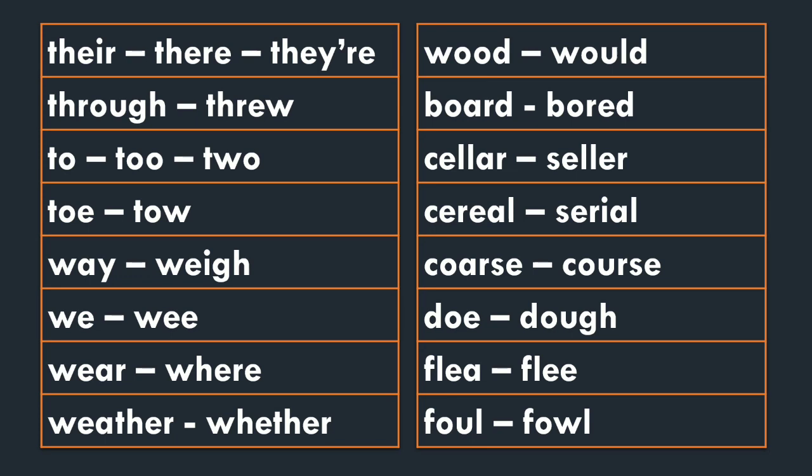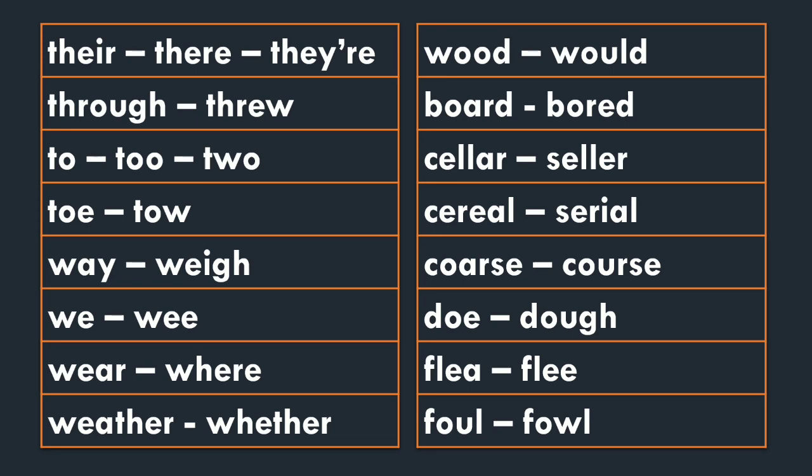Next is cereal and serial. Cereal is any grass plant, or any plant which gives us grain, that is called cereal. And serial is the thing that we do repeatedly in the same way.